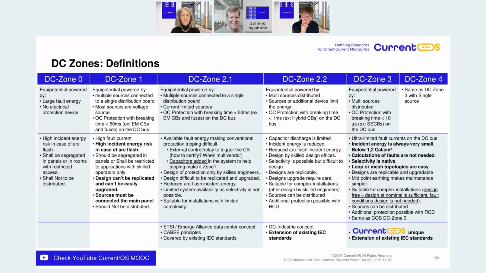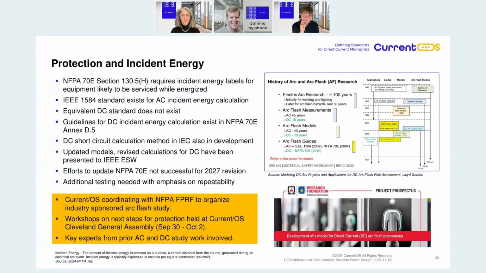And this is certainly important from the perspective of the arc flash topic, which I would show here on the next slide. In general, the AC side of the arc flash topic has been studied in greater depth for a longer period of time than the DC side.